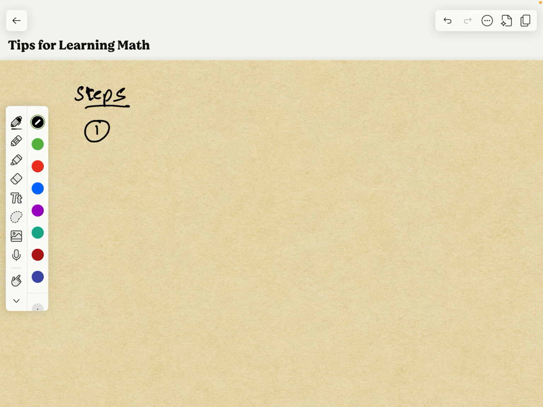So the first step is to get some exposure to what it is that you're trying to learn. So get exposed to the content. And there's lots of different ways to do that.